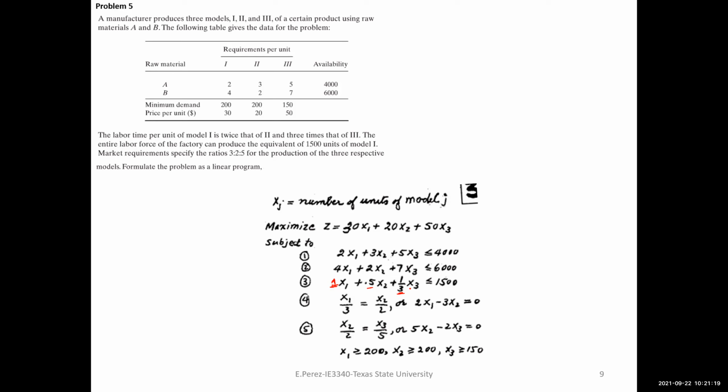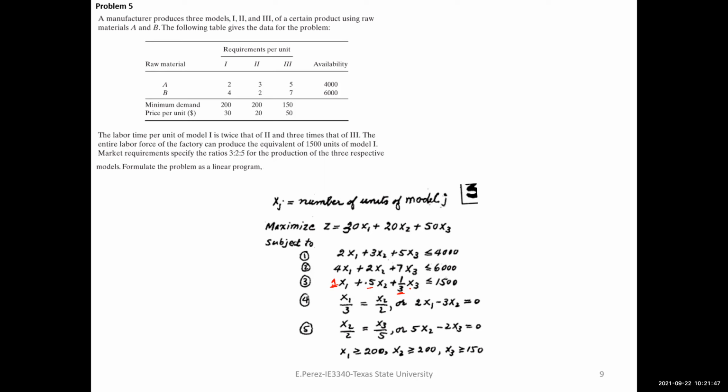Yes. So regarding constraint number 3, it's saying the labor time per unit is this, and then 1,500 is a number of units. So how come they make time equal to units? The labor time per unit.